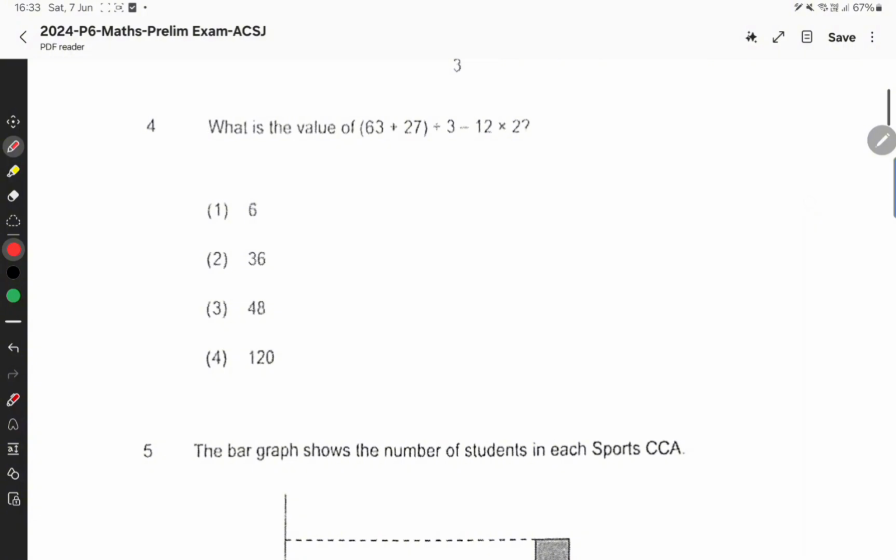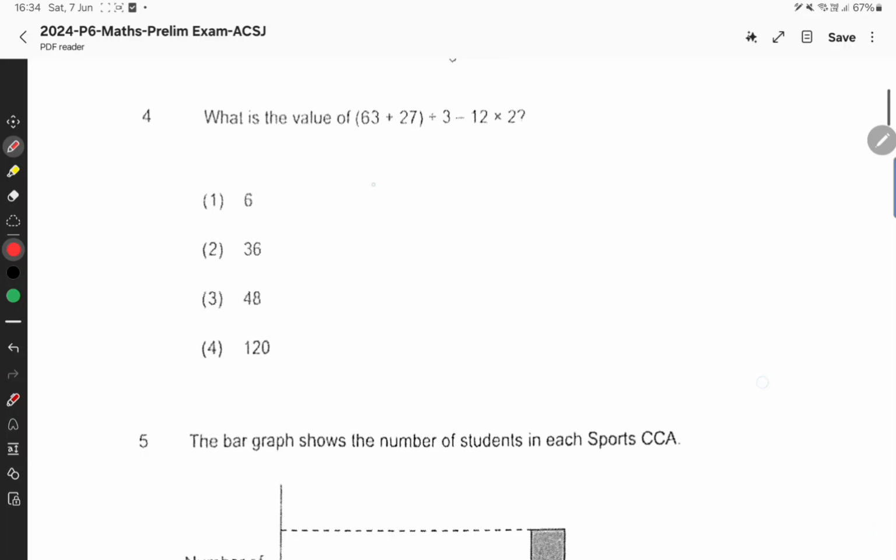Okay, next question. What is the value of 63 plus 27 divided by 3 minus 12 times 2? The first thing we will do is write out the whole equation. When it comes to this kind of question, we need to use the BODMAS method.